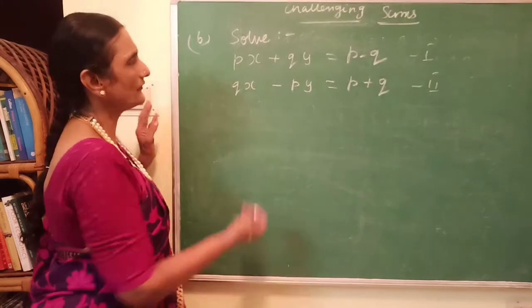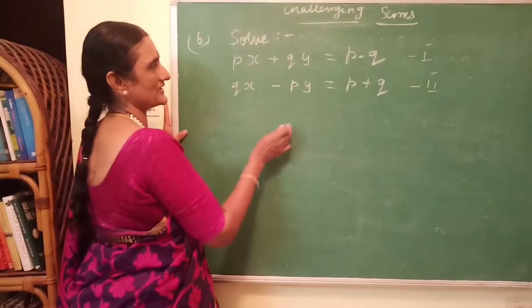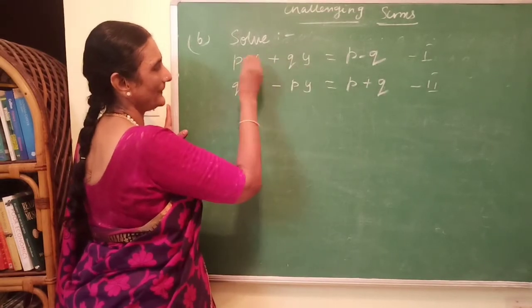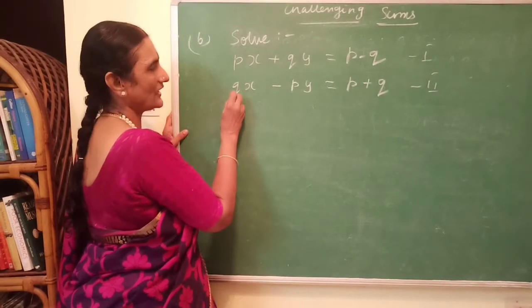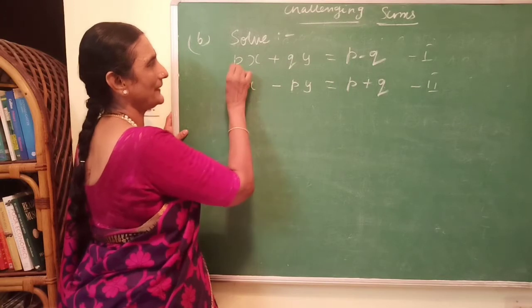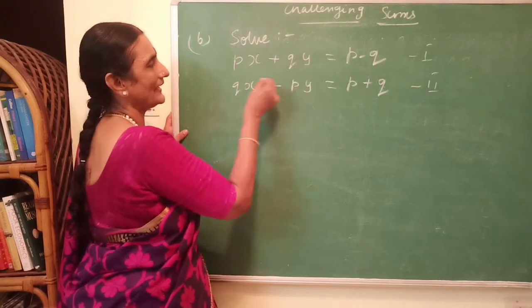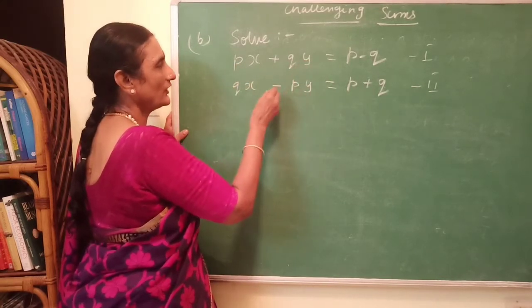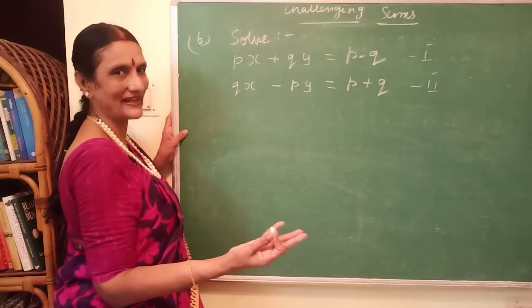Now if you examine the coefficients of x and y, here q, here p, here p, here q. Therefore, if you multiply the first equation by p, you will get pqy, and the second equation by q, you will get pqy, both will get cancelled.